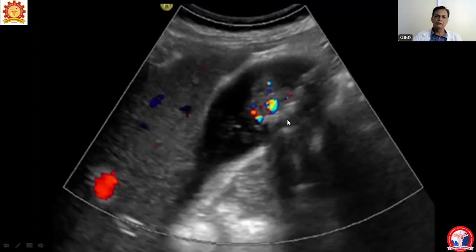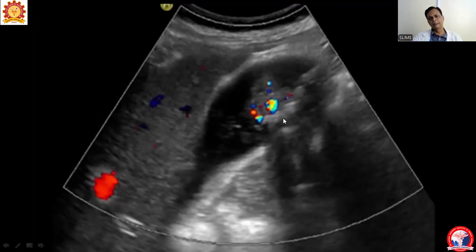So there are two, three important things we are observing here: a non-moving, lobulated soft tissue mass seen arising from the wall of the gallbladder. And on Doppler color study, what we are seeing is vascularity inside.